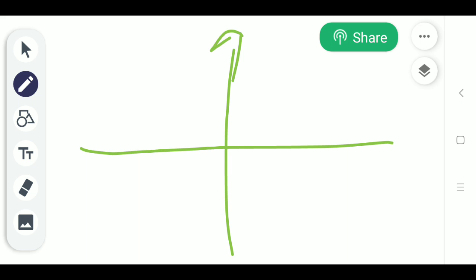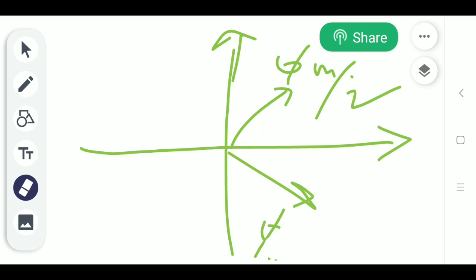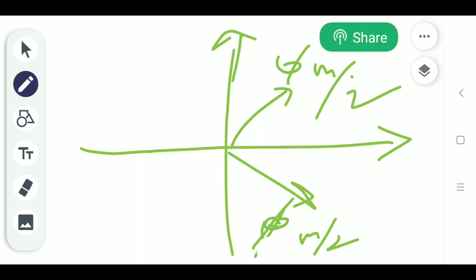This flux has a magnitude of phi m by 2, and this again has phi m by 2. If this angle is theta, this is minus theta, obviously. Both have the same angular velocity, the synchronous speed.